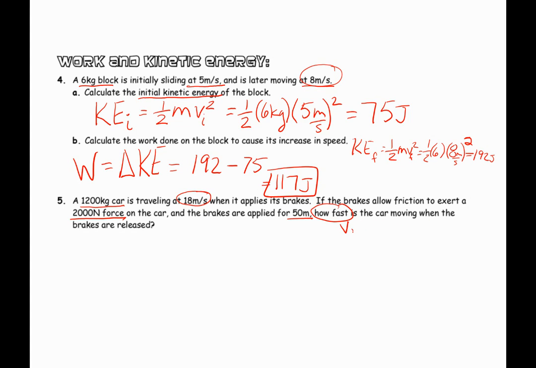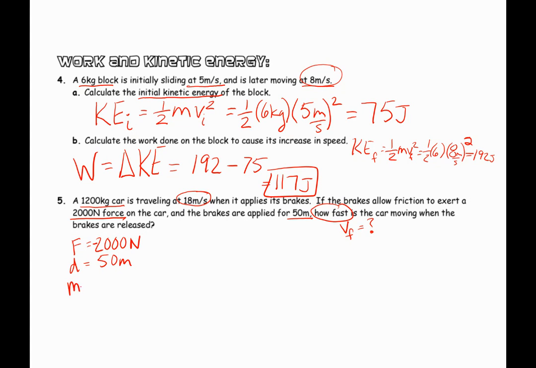So we're looking for V final. That's what our question is. Well, we know that we have a force of 2,000 newtons, okay? And we know that the distance is 50 meters. But remember, our force that's being applied is negative 2,000 newtons because it's being applied against the car to slow it down.